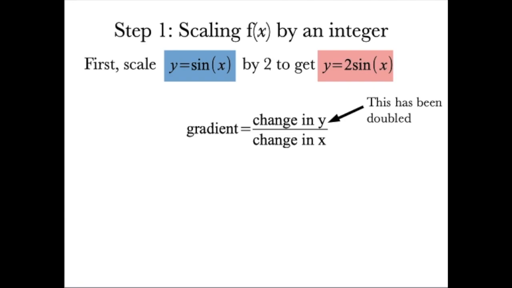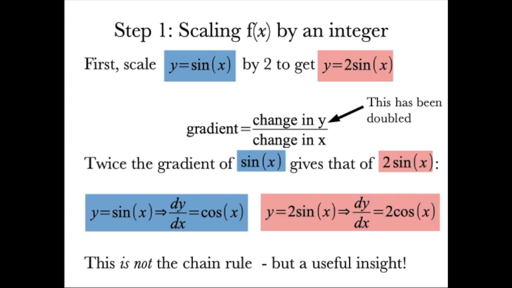In other words, the derivative of y equals 2 sine x is twice that of y equals sine x. And that's summarised there. Now, this isn't the chain rule. We haven't reached the chain rule yet, but this is something useful to bear in mind when we start changing the function in the brackets, when we start changing the x in y equals sine x around.